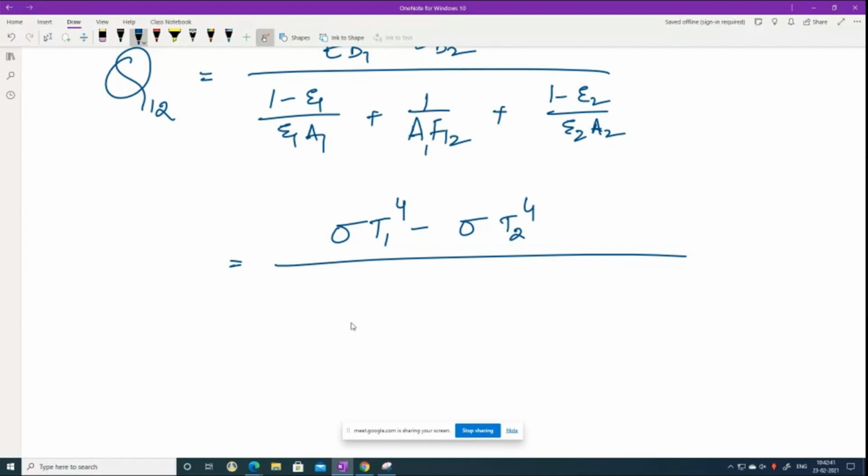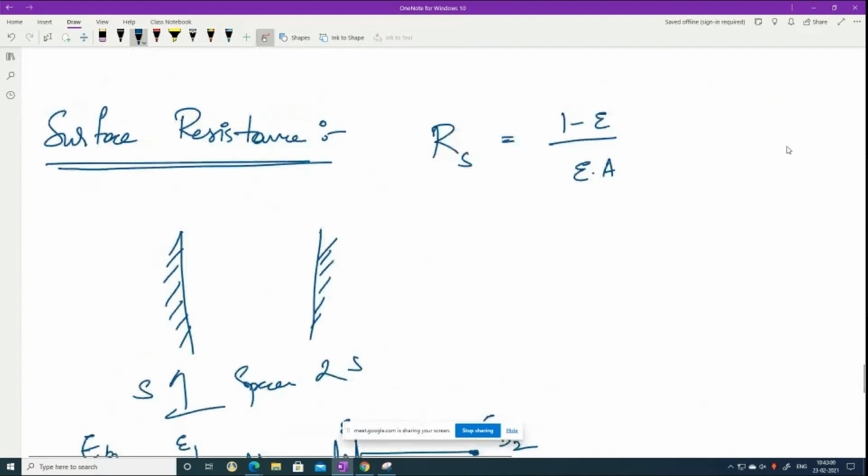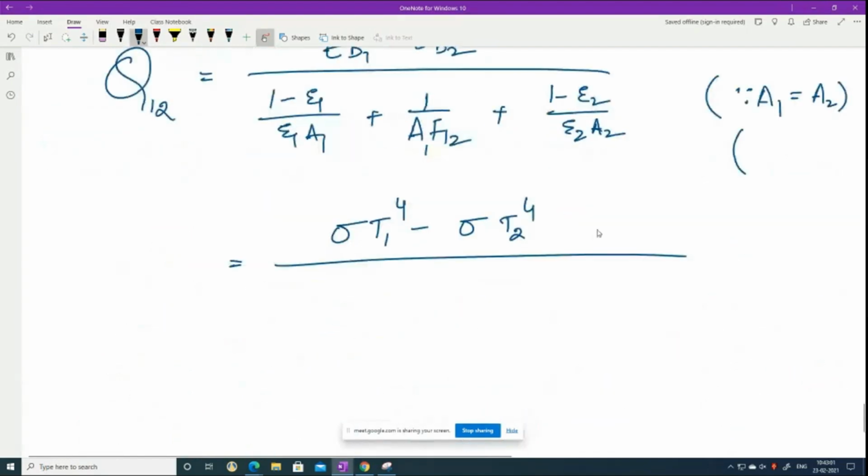By this thing, if you do, A1 will be equal to A2. A1 is equal to A2. Then I can take A1 as common. And how about F12? Here, both areas are equal, so obviously F12 will also be equal to 1.